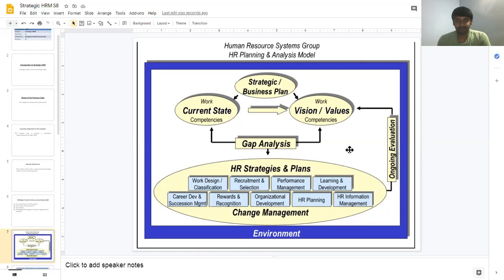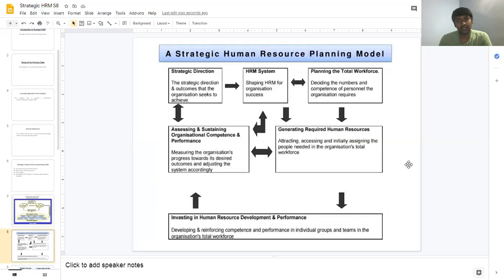So this is a brief, or we can say the broad, HR planning model and analytical model of human resource planning in an organization. In this particular slide, as you can see, there are various steps or factors which lead to human resource planning.